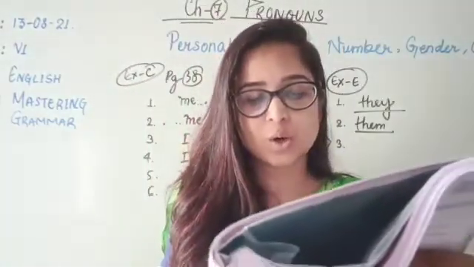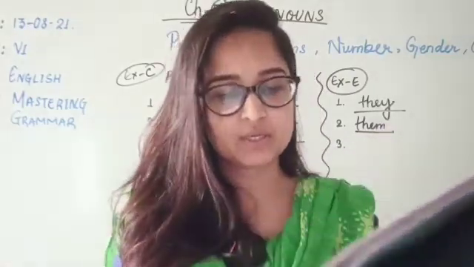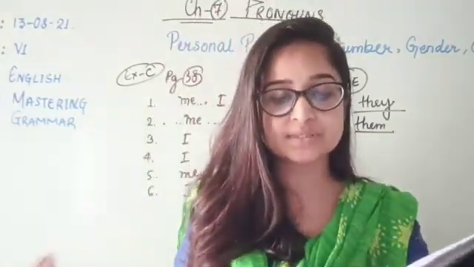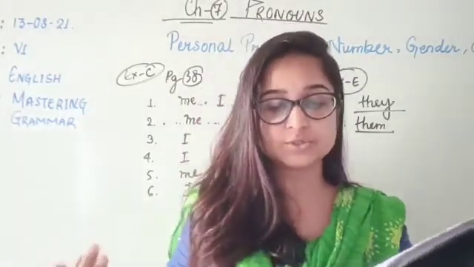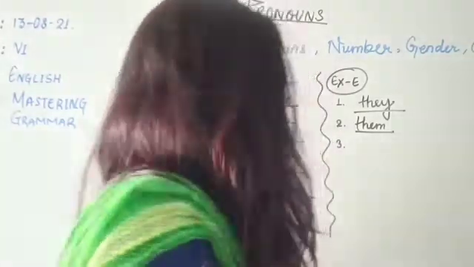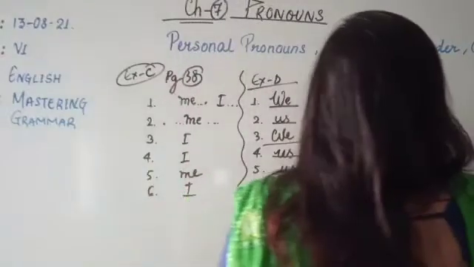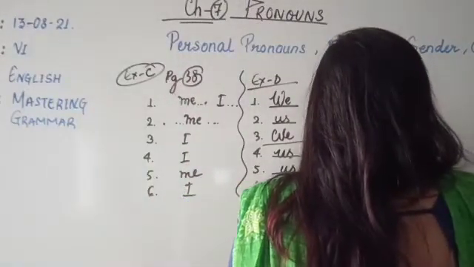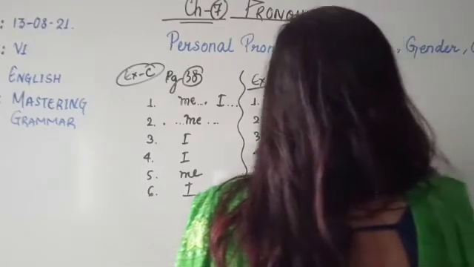Number 3, please don't call Dash when Dash is working. So if you are going to use us, you have to use we, and if you are going to use me, you have to use I. Okay, according to the number. So please don't call me when I am working.